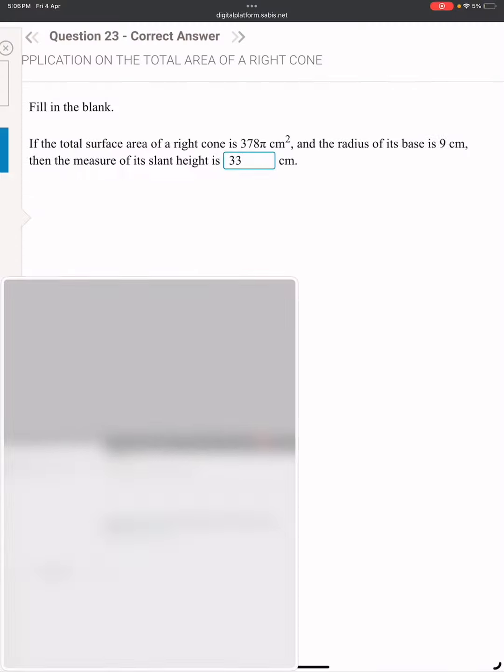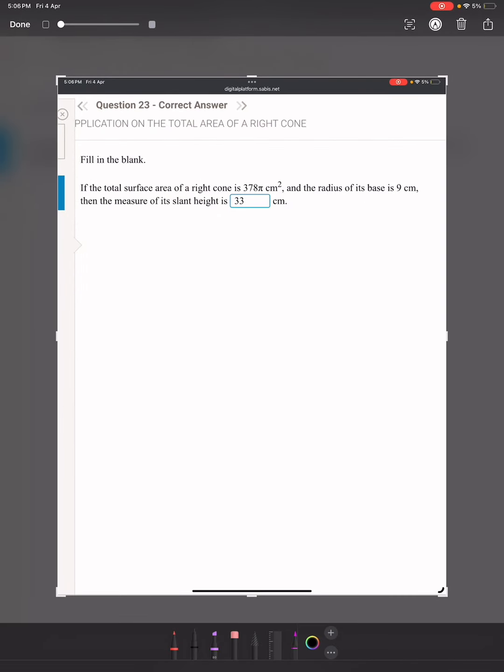Total surface area of a cone is pi r squared plus pi r l. What is L? L is not the length or something like that. It's just the slant height. We're trying to find it. We're solving for it because we have everything but the slant height and they're asking for it.